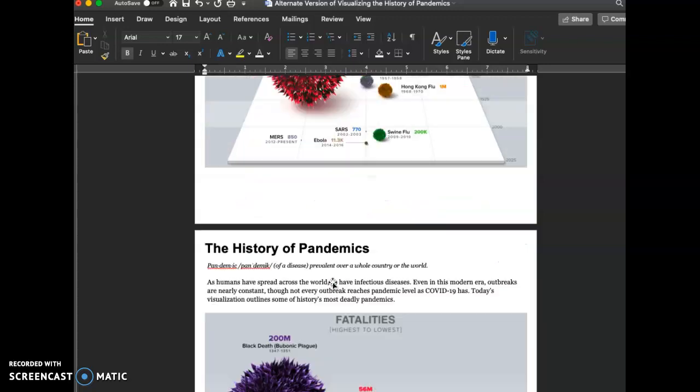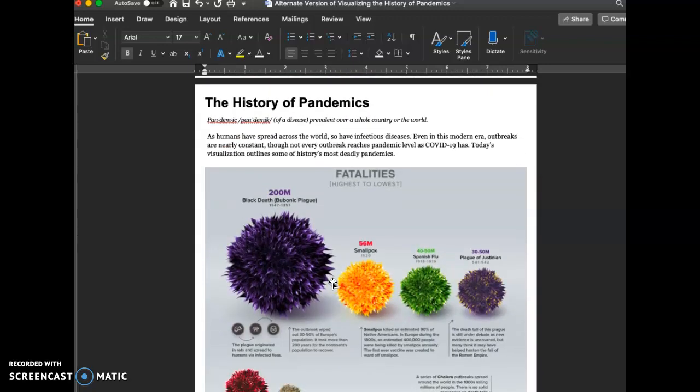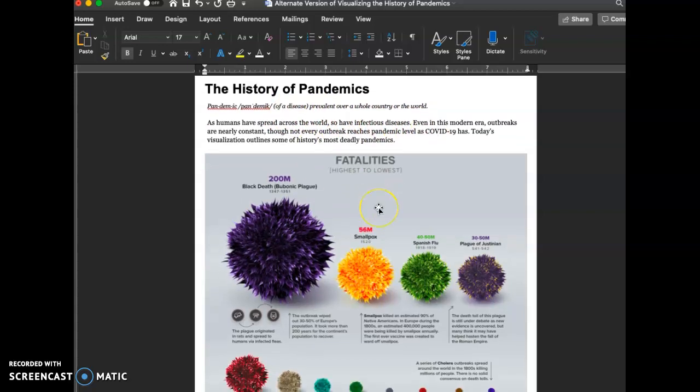Okay, let's continue. The history of pandemics. Pandemic of a disease is prevalent over a whole country or the world. As humans have spread across the world, so have infectious diseases. Even in this modern era, outbreaks are nearly constant, though not every outbreak reaches pandemic level as COVID-19 has.